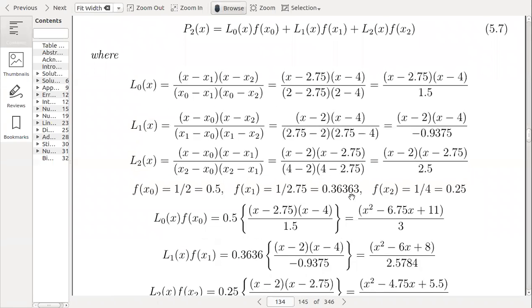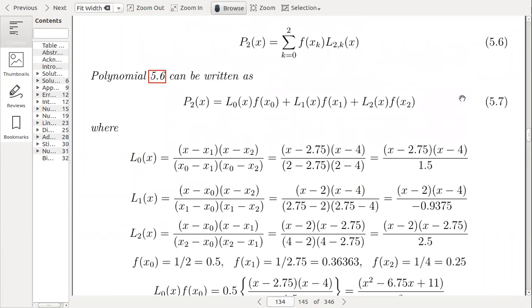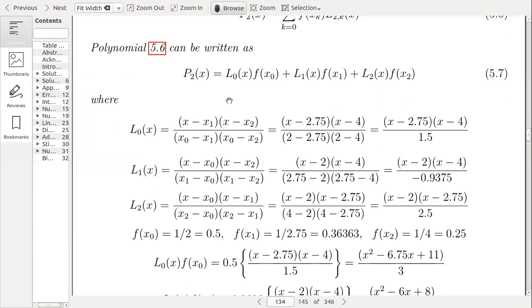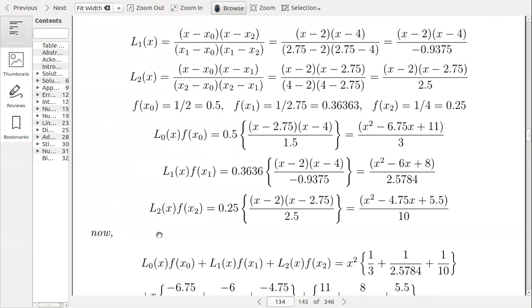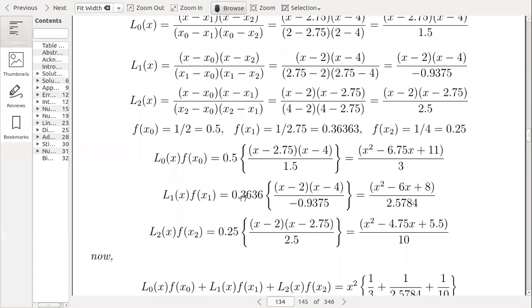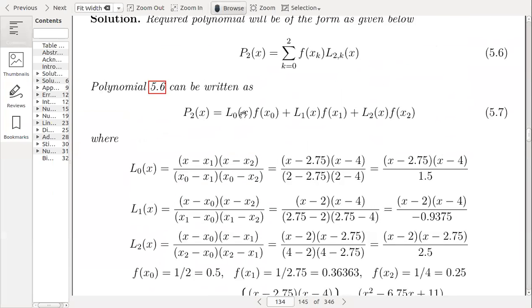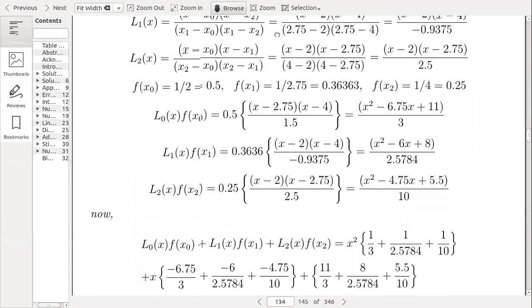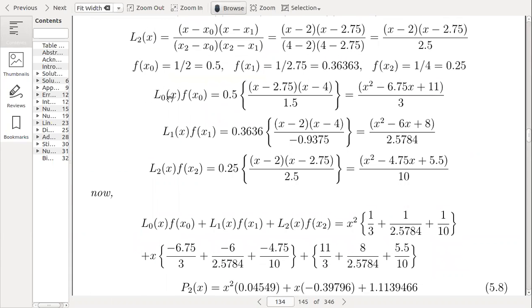Then we just observe again this equation 5.75. This is actually the Lagrange interpolating polynomial of degree 2. As we have discussed before, now we will replace these terms which we have calculated here: L2 of x f of x2, L1 of x f of x1, and the first term L0 of x f of x0.